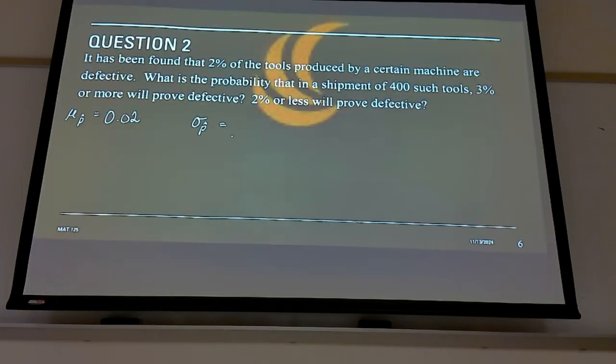The standard deviation is the square root of p times 1 minus p, over the sample size. What is our sample size?